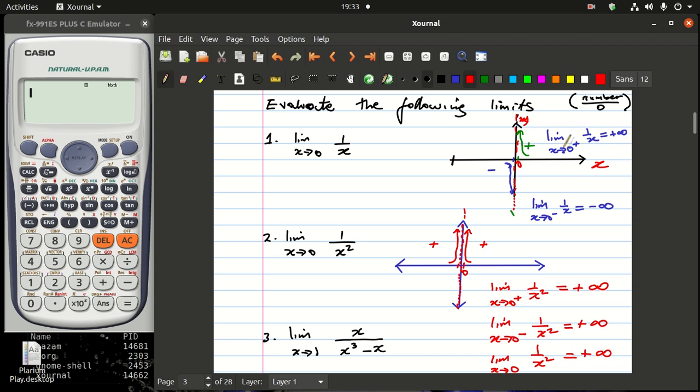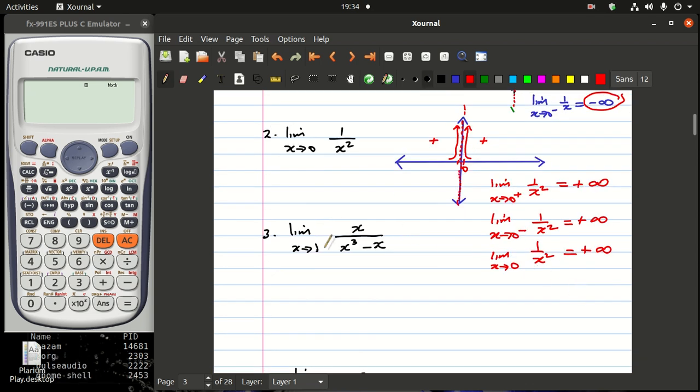In the previous case, because one side was negative infinity and the other was positive infinity, we say that the limit as x approaches 0 of 1 over x does not exist. But here it is actually positive infinity.